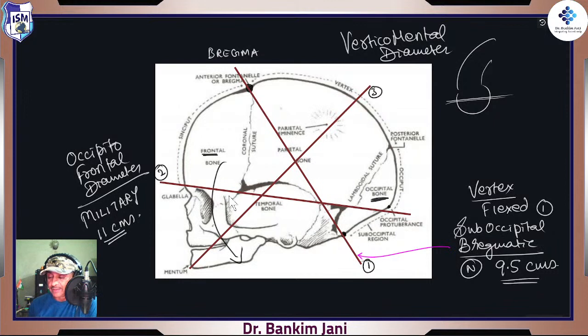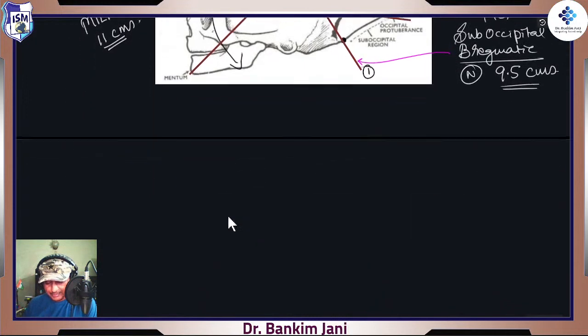This is 13.5 centimeters. See, it becomes more and more difficult. That's how all these things occur. Still there are more, but I think this much is sufficient. Let's move on to the next part.